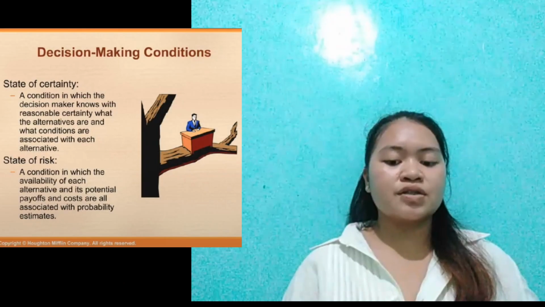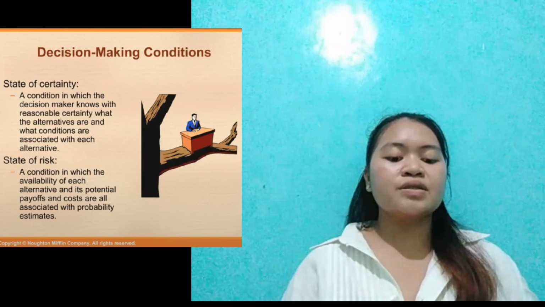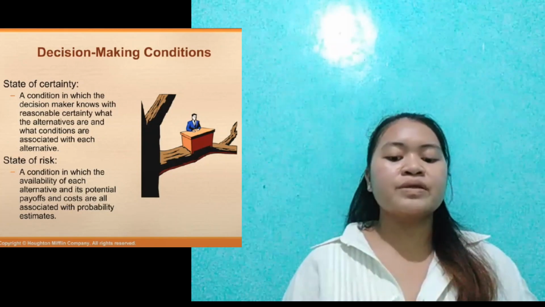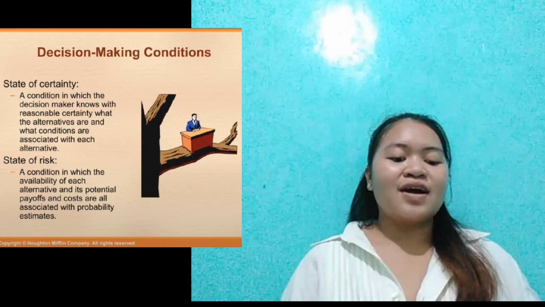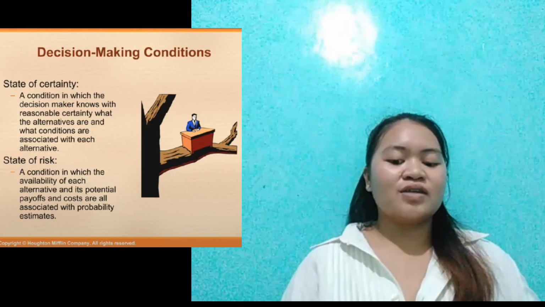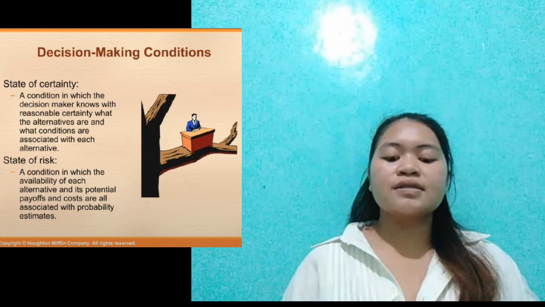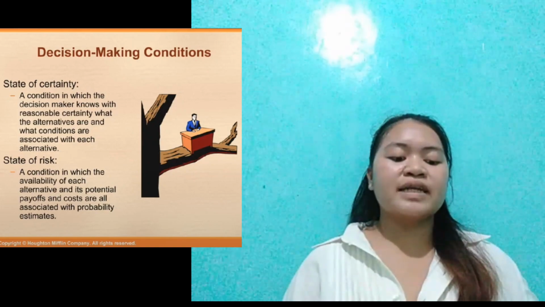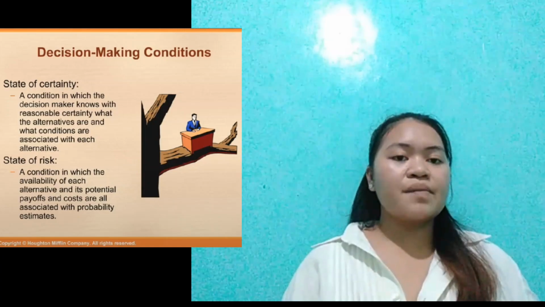Decision making conditions. A state of certainty is a condition in which the decision maker knows with reasonable certainty what the alternatives are and what conditions are associated with each alternative. It says that certainty is the state of being definite or of having no doubts at all about something.